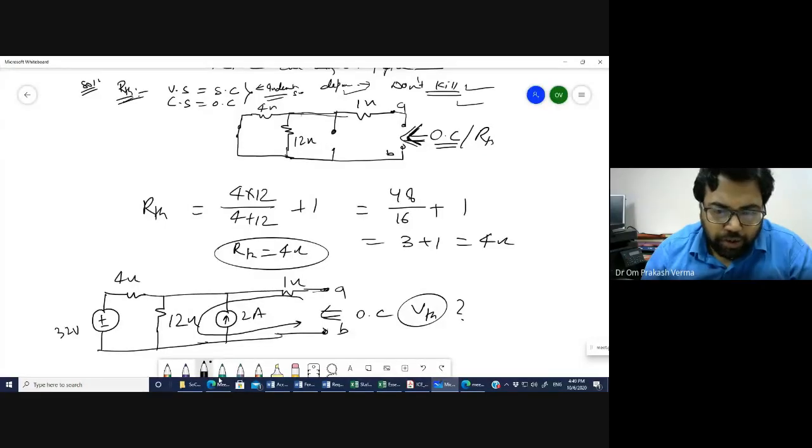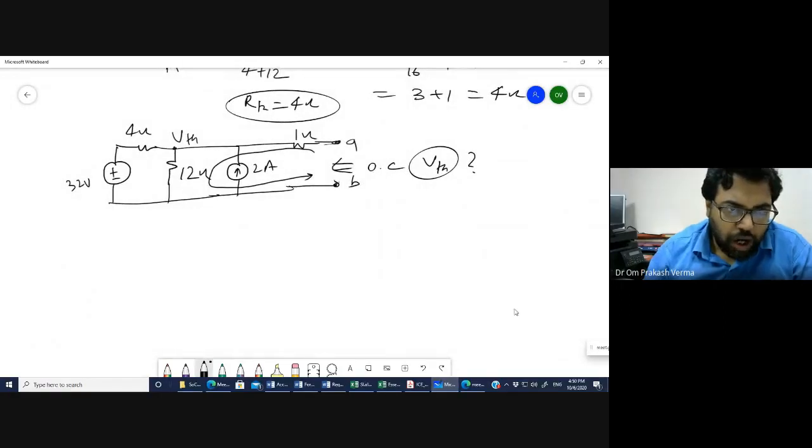You can represent the VTH like this also. Since this is open, with the current source here, the voltage drop here is VTH. So now, how is this VTH calculated? Just take this I1, and take one more loop, let's say this is I2.